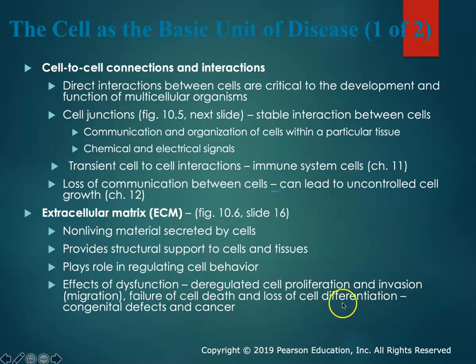Also, cancer cells are in a non-differentiated state, meaning they have these sort of stem cell-like characteristics where they keep dividing, and they don't provide the function that they need to for that specific tissue. In the second half of the lecture, we talk a little bit more about some of these things.